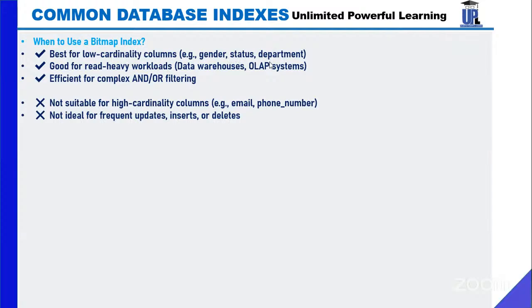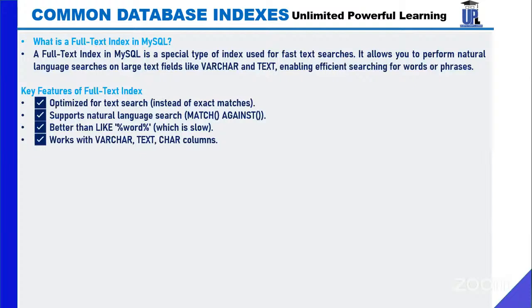It is good for read-heavy workloads, data warehouse and OLAP systems, and efficient for complex AND and OR filtering. It is not suitable for high cardinality columns like email, phone number, lengthy details. It is not ideal for frequent updates like inserts or deletes. So this is why we call it the bitmap index.